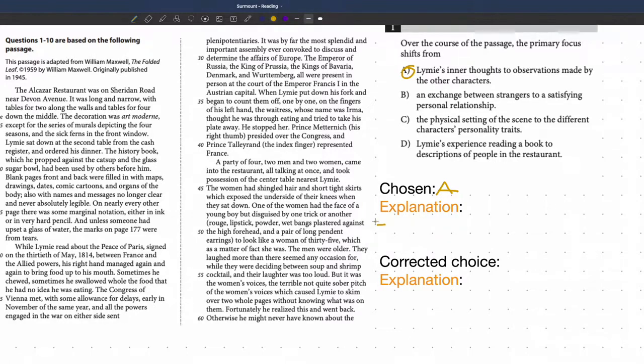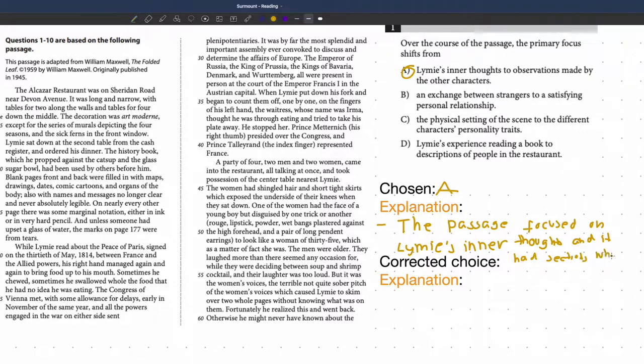I'll say the passage focused on Limey's inner thoughts, and it had sections where other characters were making observations. Okay, so this is why I thought choice A was correct.